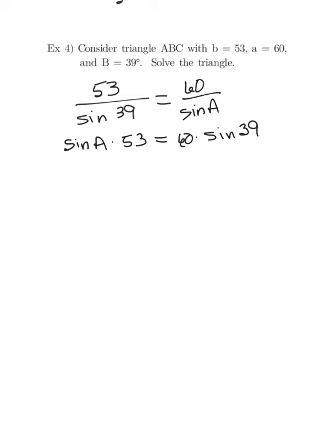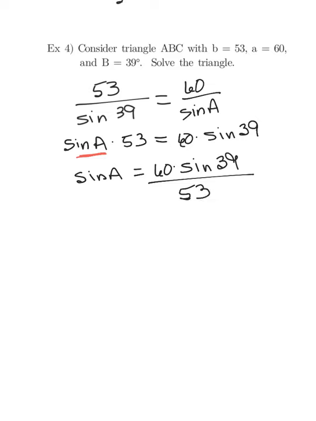Again, notice that your variable is in with the sine, so we need to get the sine function by itself. Divide by 53. You're going to have the sine of A equals 60 times the sine of 39 over 53.